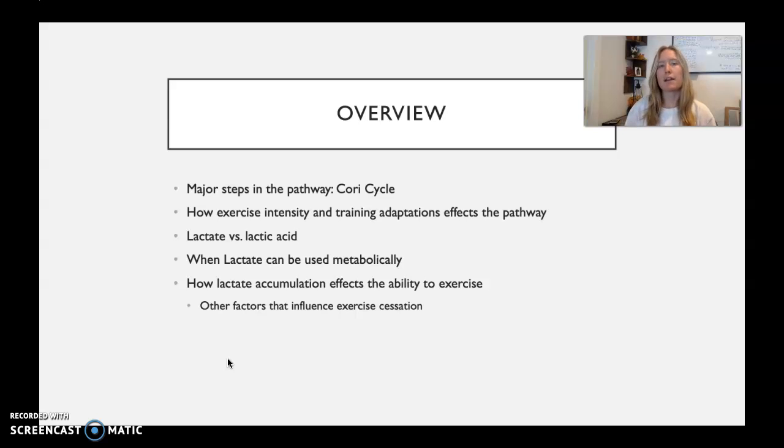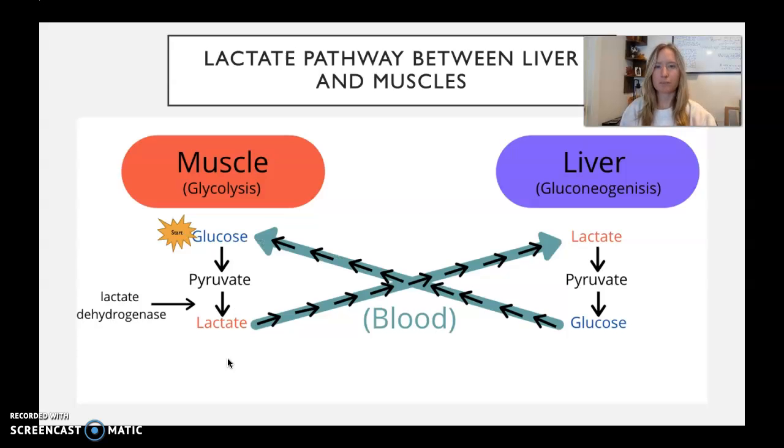We're going to look at when lactate can be used metabolically, when it's most often used, the preferred way of metabolism. We're going to look at how lactate accumulation affects our ability to exercise, and also at some other factors that can also influence exercise cessation.